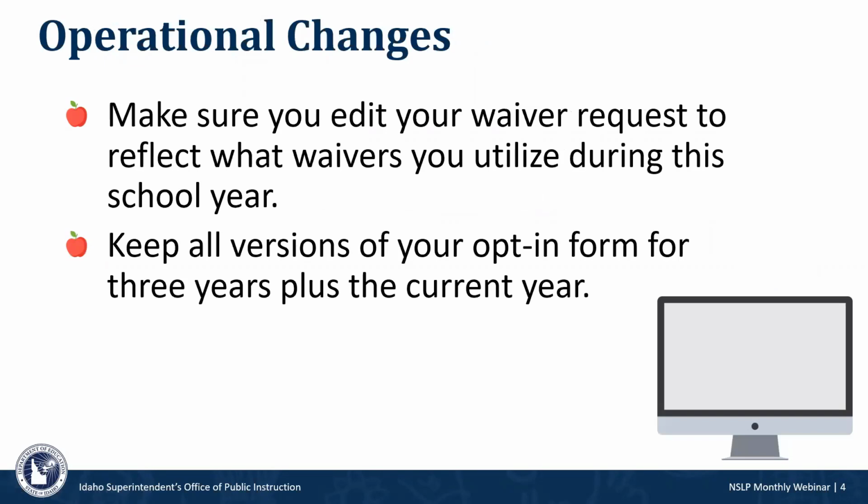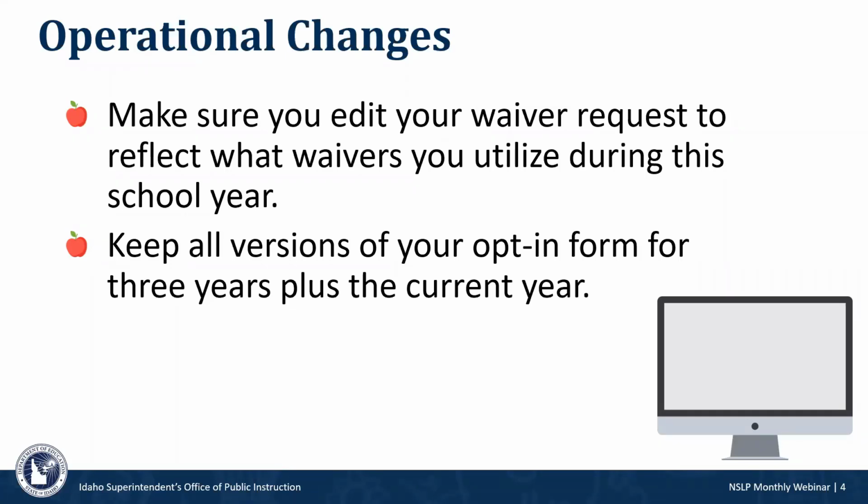So, operational changes. This goes back to that first school meals waiver opt-in form. Those forms were intended for you to identify how you plan to operate this school year. But as schools are starting to close with COVID, we're seeing that some districts maybe didn't select some of the flexibilities that they need to use to accommodate the changes they're having to make. So make sure you edit that waiver request.